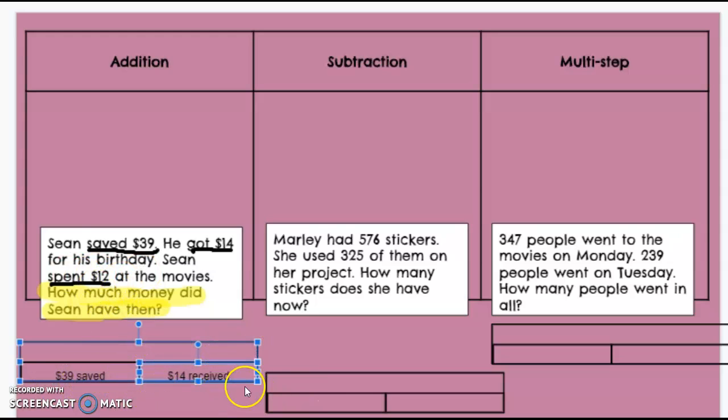Well, that tells me that there's another step. In this strip diagram, I can only do this much so far. I know he had $39, then he got $14 more, and then he spent some. So he had some, he got some, he spent some. I want to figure out how much money he had then. That is going to be a multi-step problem, and so this is going to go under multi-step.